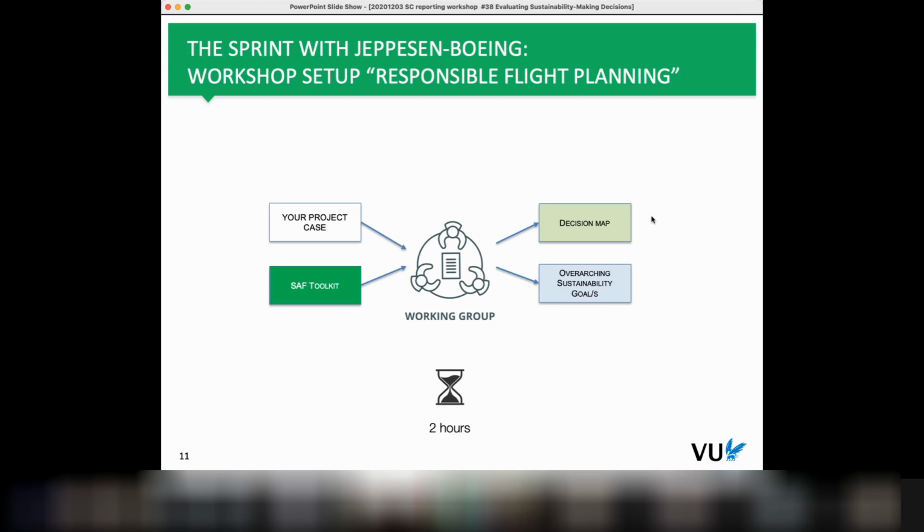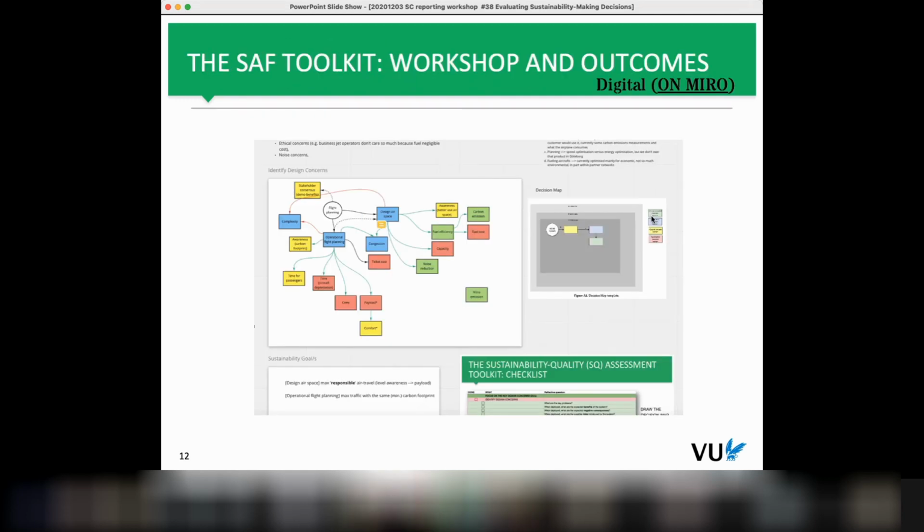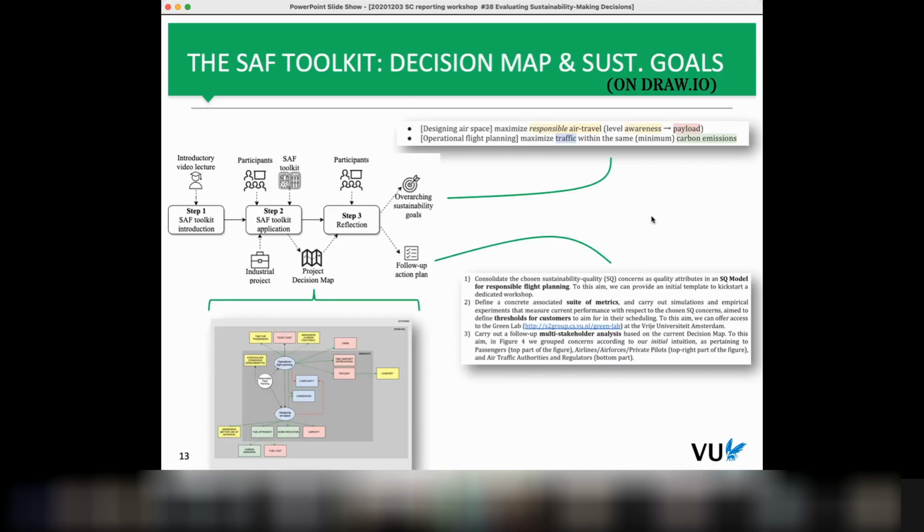The subdomain chosen as most interesting and most promising by the company was responsible flight planning. Of course, everything was online, so we organized the workshop to draw this decision map on Miro. Here you see a screenshot from the instruments we have been using and the decision map during this workshop. And this is basically the outcome from the final report.